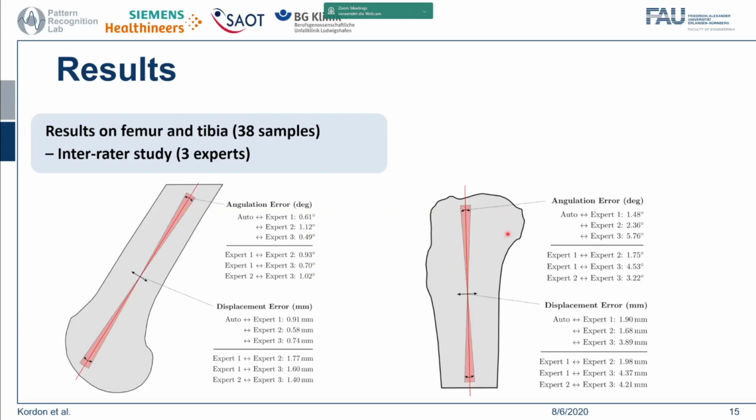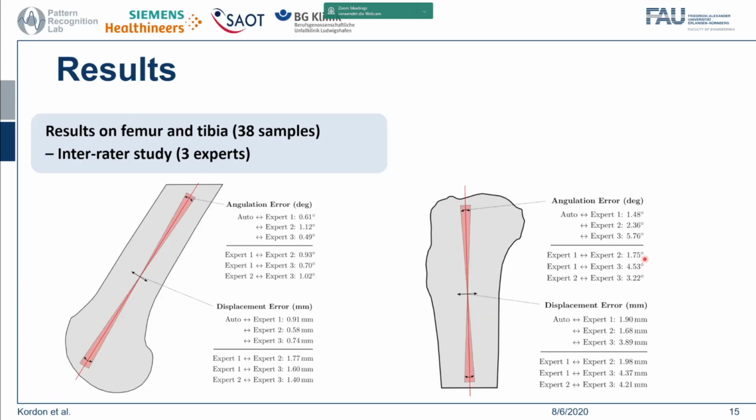If you look at the tibia, which is a little bit more difficult to actually assess the axis for, there we see significantly higher error metrics, especially to expert 3, but also expert 3 has higher angular errors when compared to the other experts.